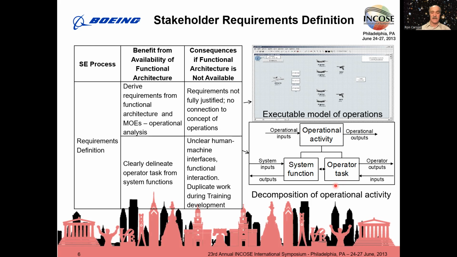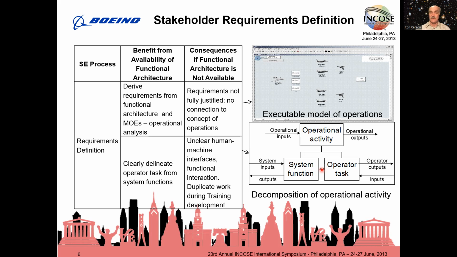So an important activity, and the architecture framework models are basically set up for this very well, is to be able to define operational activities and clearly decompose them into system functions and related operator tasks. What's the operator doing? Providing inputs and receiving outputs. And there's clearly some interaction across some system to operator interface or set of interfaces.